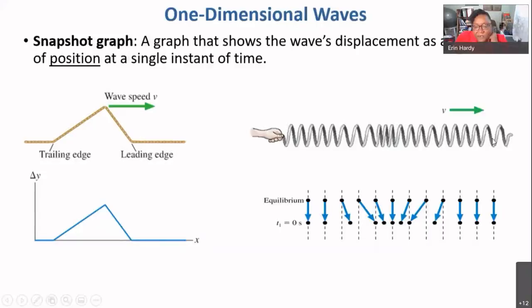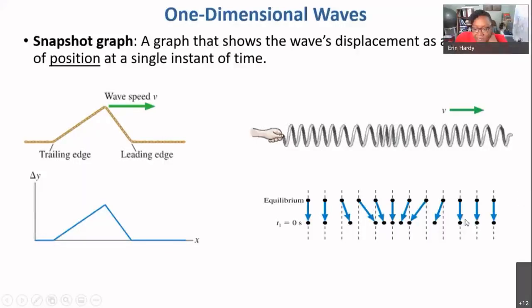And for this spring, the equilibrium positions of the coils are indicated by these dotted lines, so that you can see when the coils are further apart than normal, when they're closer together, and then when they are at their equilibrium position.